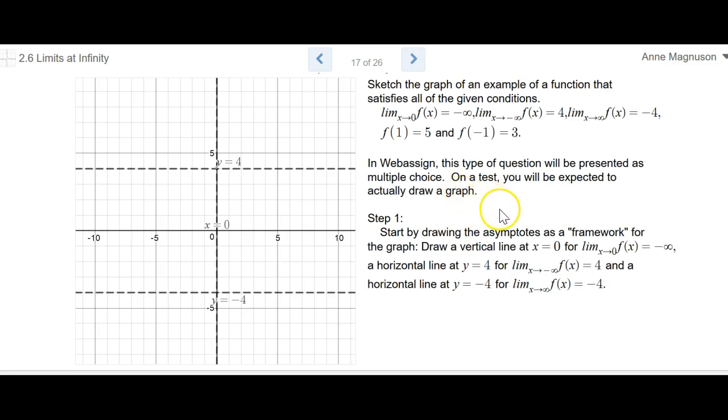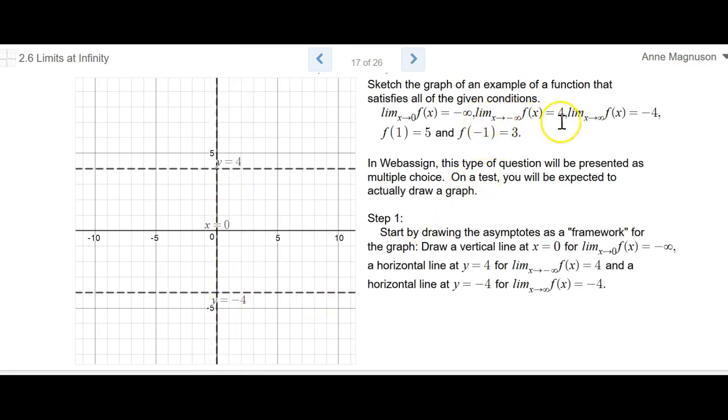So one way to do these problems is to start by drawing the asymptotes kind of as a framework for your function. So if you look at the limit as x approaches 0 of f of x is minus infinity, that's telling you that x equals 0 is a vertical asymptote.